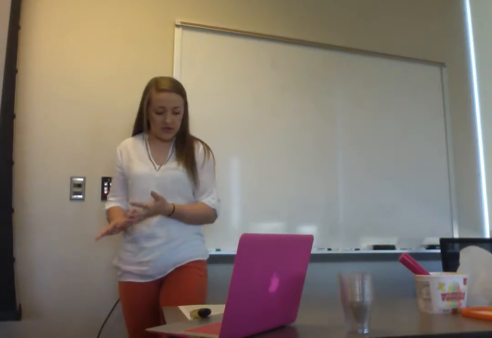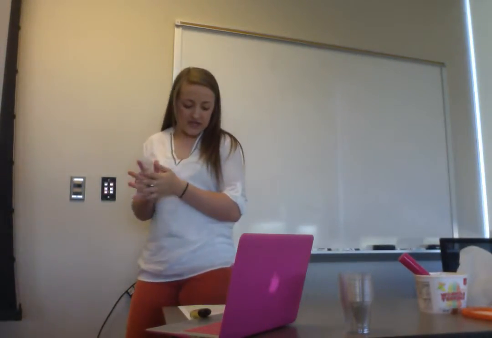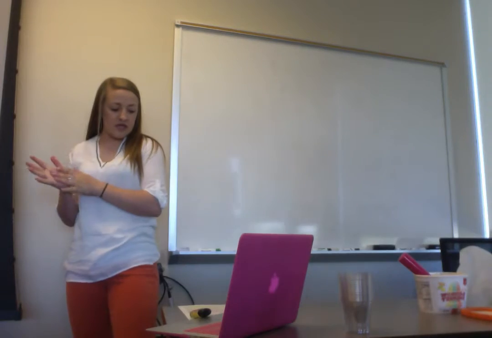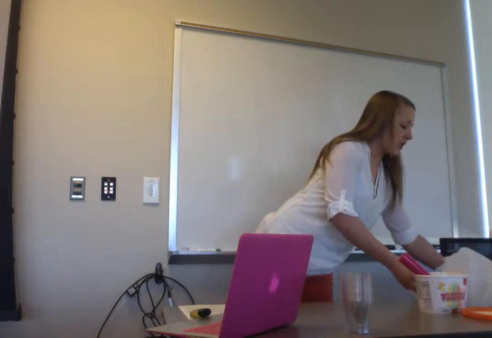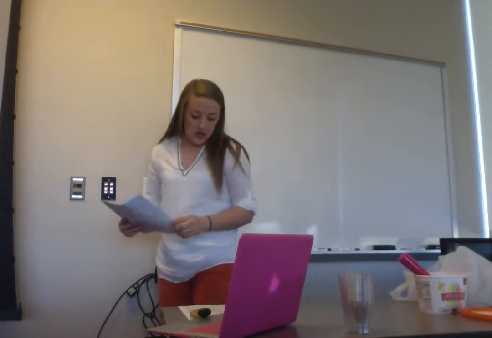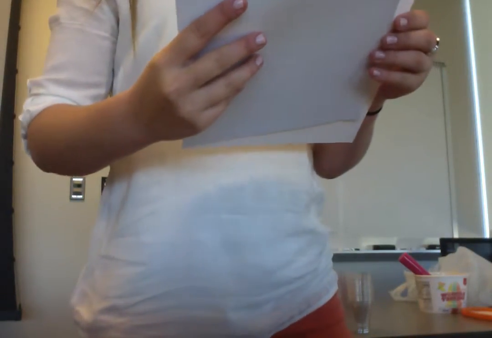Okay, so class, today we are going to be identifying states of matter based on their characteristics. And then I'm going to hand out a piece of paper, and we're going to be filling this out as we go. And then we're also going to be experimenting with combining two states of matter and seeing if we can form another state of matter. Okay? So here's this. Not yet. Nope. Go ahead. So the first thing we're going to do is you are going to observe what is already in your cup.